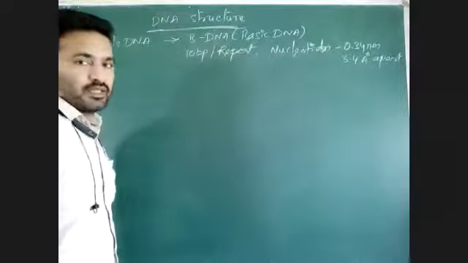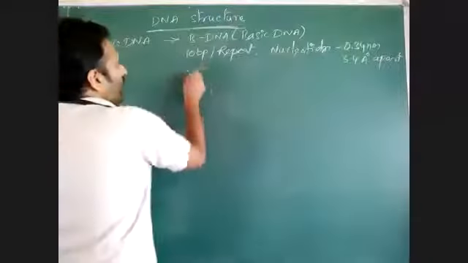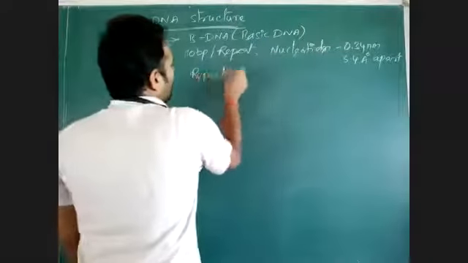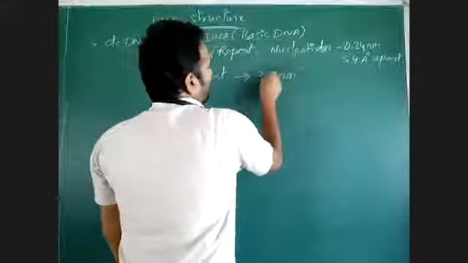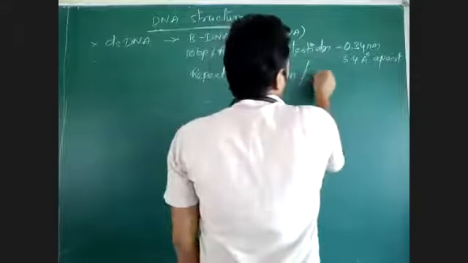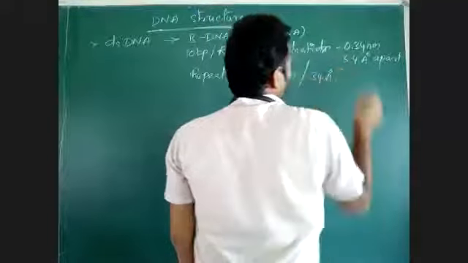That is the distance. So one repeat has how much distance? 3.4 nanometers or 34 angstroms.